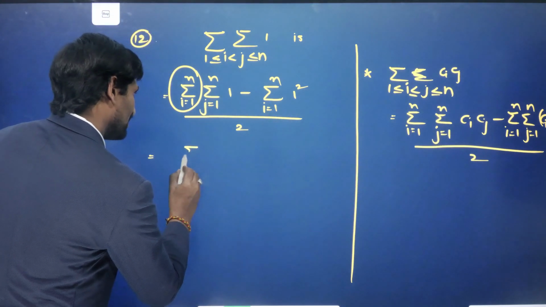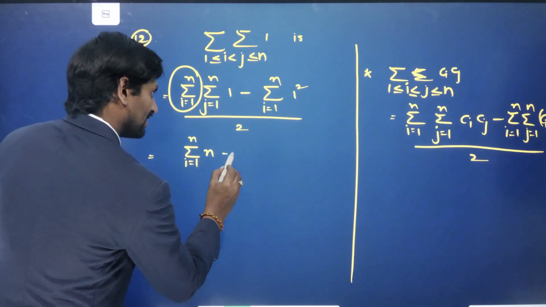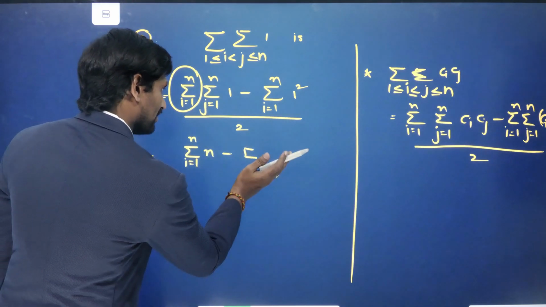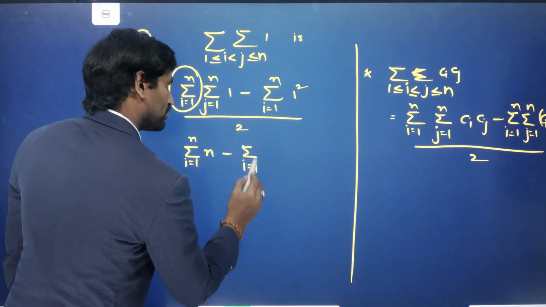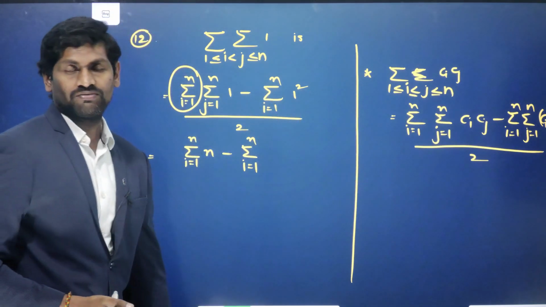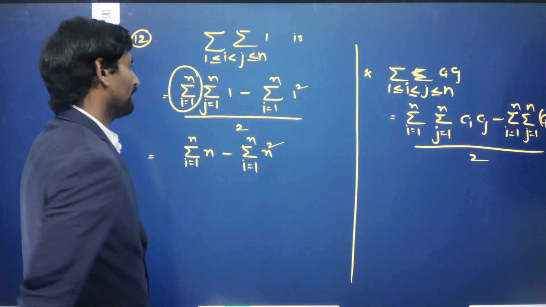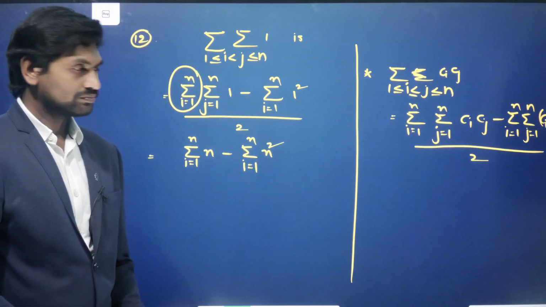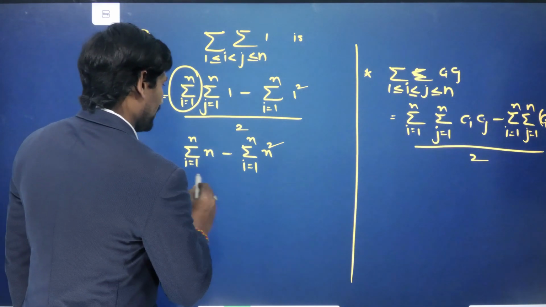That means sigma i equals 1 to n, the answer is n, minus sigma i equals 1 to n, 1 square, nothing but 1 square plus 1 square plus 1 square like this will come. It is nothing but n square. Okay na? Have you checked this one? Yeah, divided by 2.